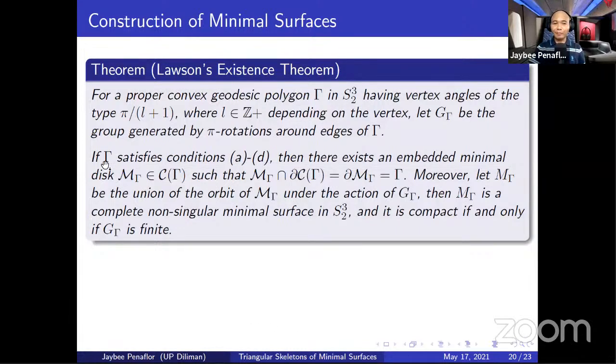So this form is very similar to lemma 3.5 that we saw earlier.